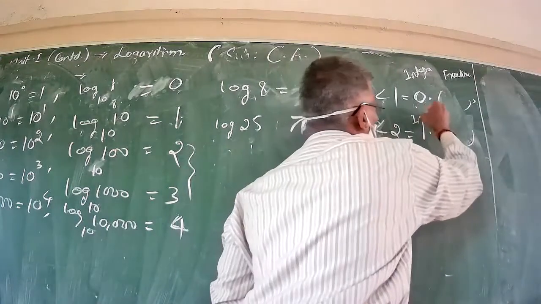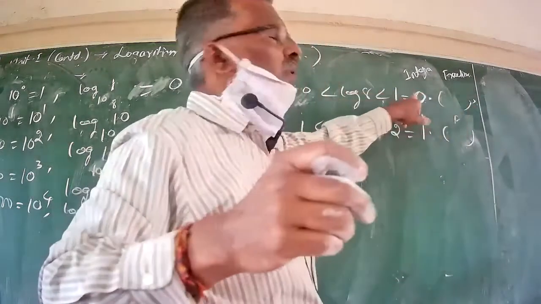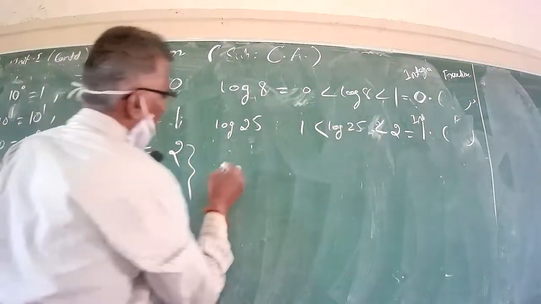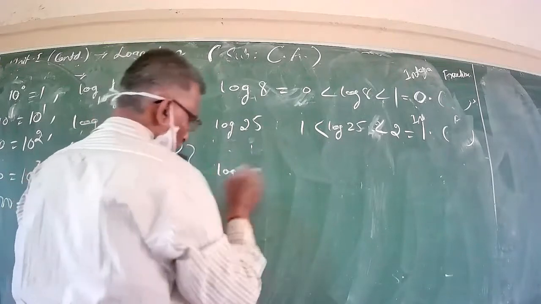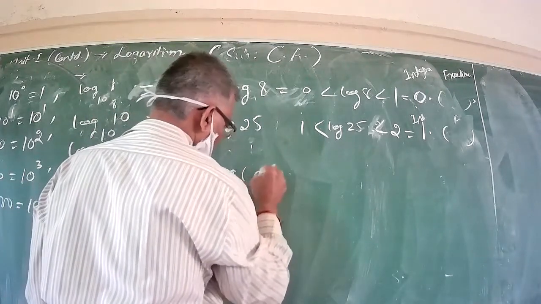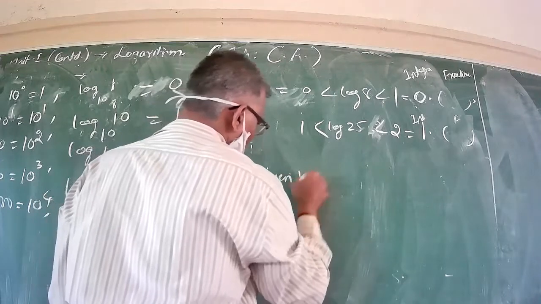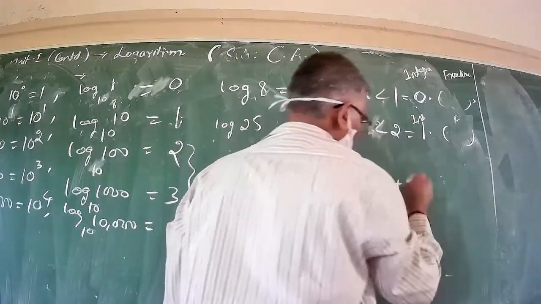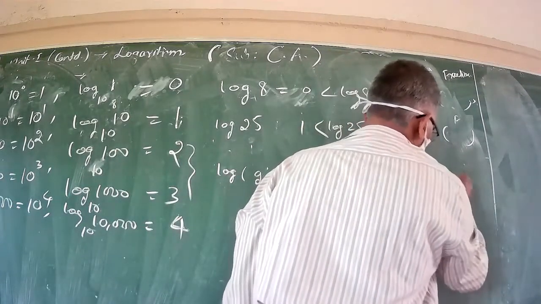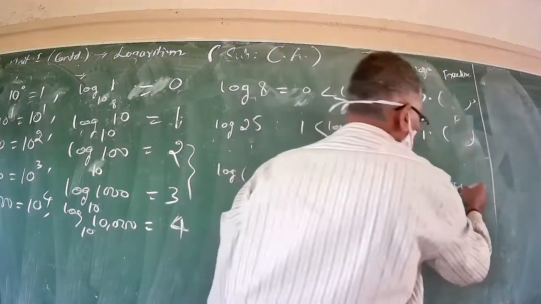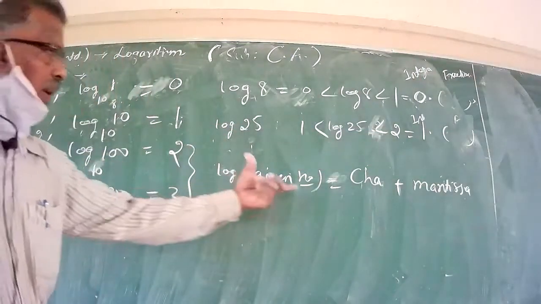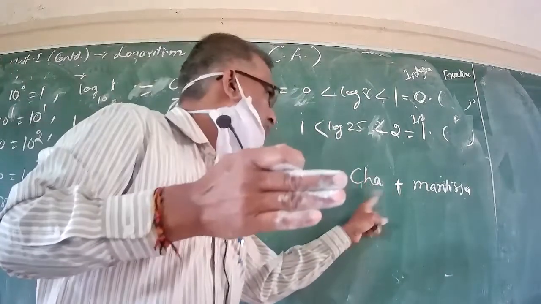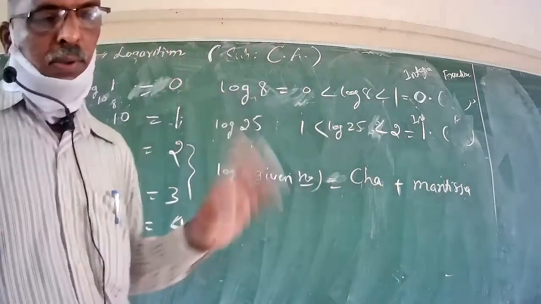These are also called the characteristic part and the Mantissa part. So the log of any given number equals the characteristic part plus the Mantissa part.